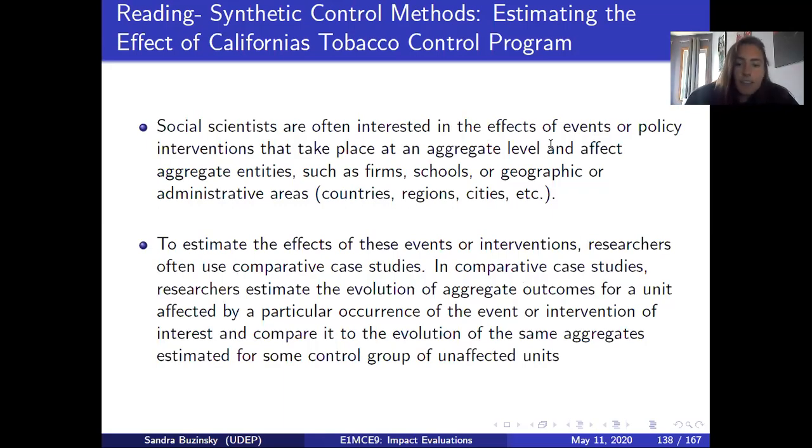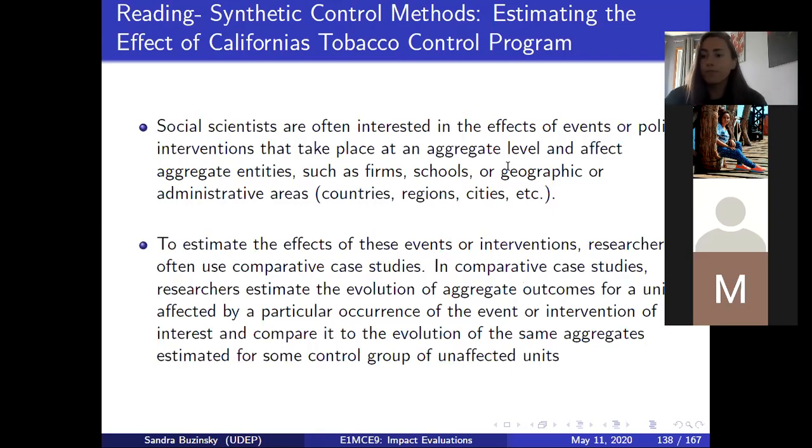A comparative case study involves researchers estimating the evolution of aggregate outcomes for a unit affected by a particular policy change, event, or intervention of interest, and comparing it to the evolution of the same aggregate estimates for a control group, an unaffected area. That's the same as when any policy is implemented, like we talked about in the minimum wage paper.